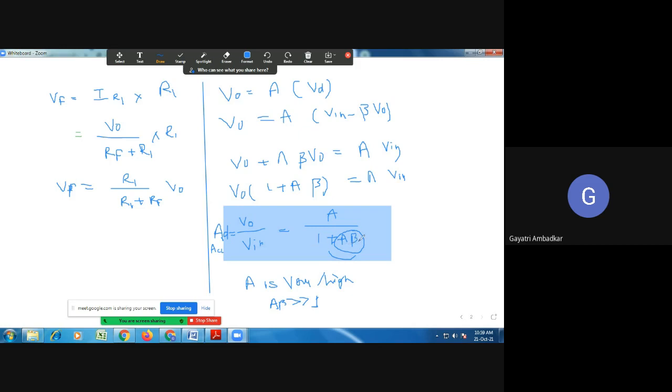So the A beta product is very, very greater than 1, so I will neglect this additional one, and I can write the closed loop gain ACL is equal to VO by V in, is equal to A upon 1 plus A beta, is equal to, neglecting this one because it is small compared to the value of A beta, because A beta will be very large, A upon A beta. That is nothing but 1 upon beta.